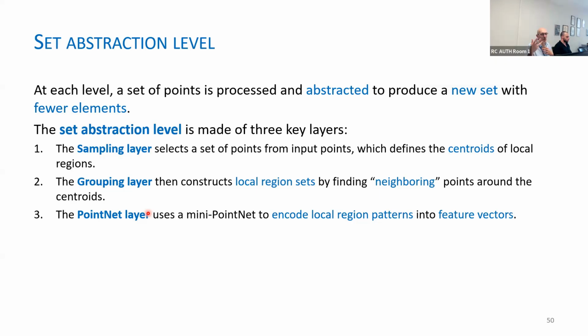So you can imagine that, of course, the complexity is much higher here, because we have several PointNets that operate on a smaller set of points, but we have many.